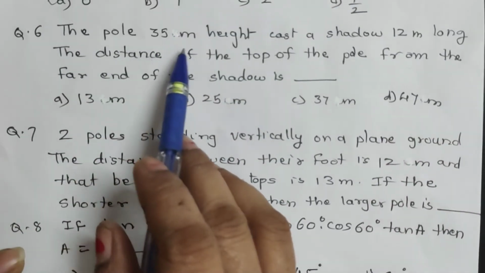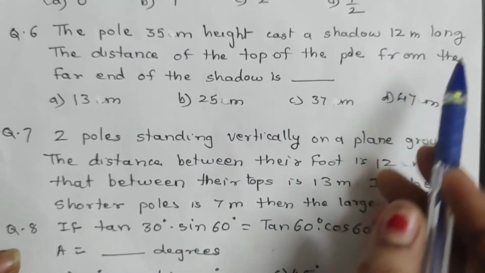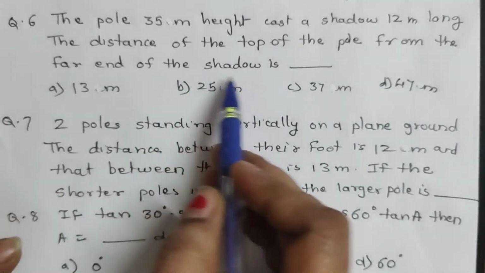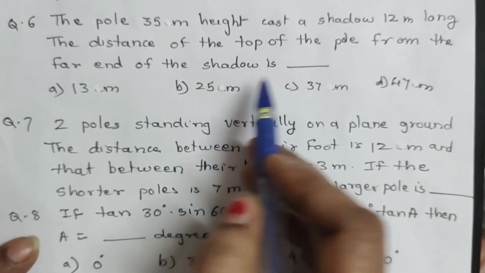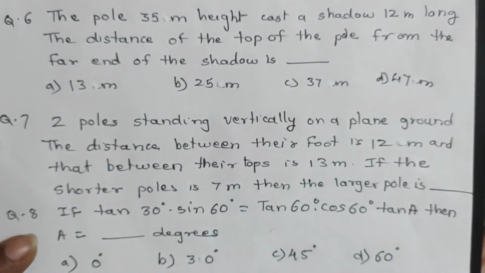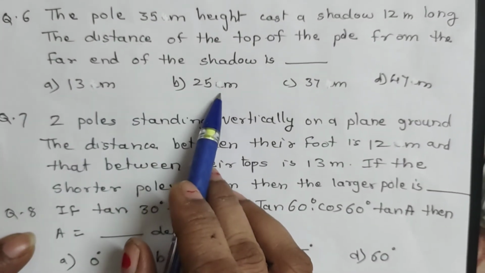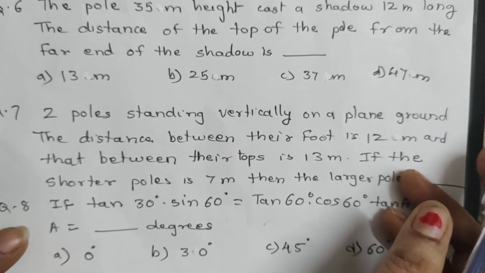Number 6. The pole 35 meter height cast a shadow 12 meter long. The distance of the top of the pole from the far end of the shadow is dash. So option A is 13 meter, B 25 meter, C 37 meter and D 47 meter.